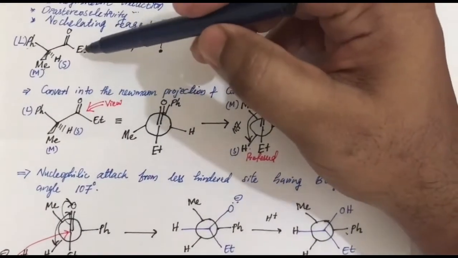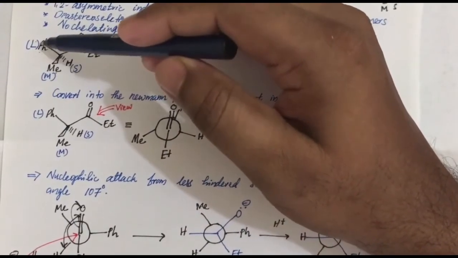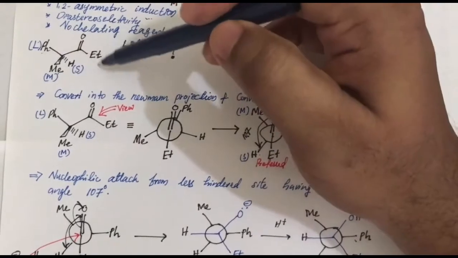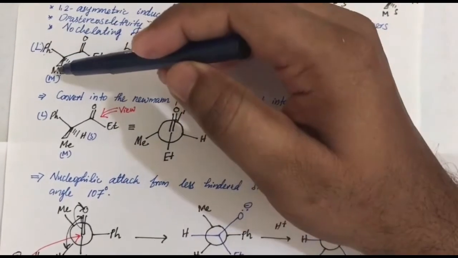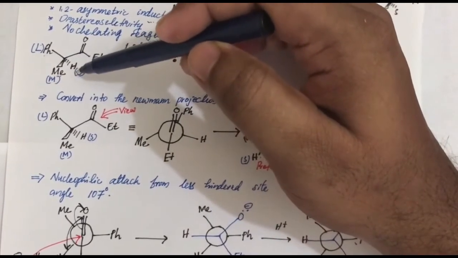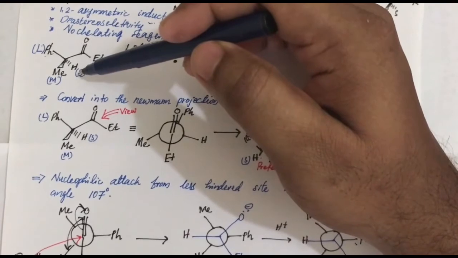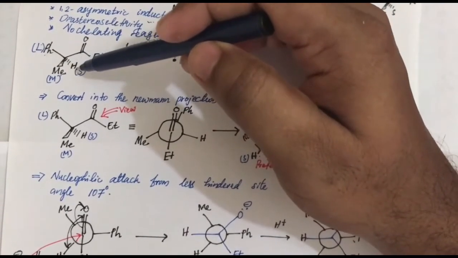This is our starting material. We know Ph on the alpha carbon is in the plane of paper, Et group at the carbonyl carbon is in the plane of paper, and Me group is wedge, that is above the plane of paper, H below the plane of paper. So those things should be reflected in the product also.